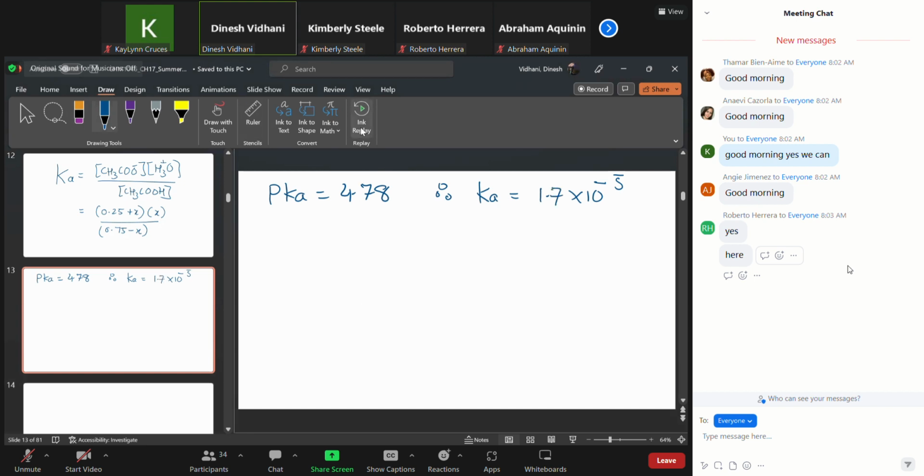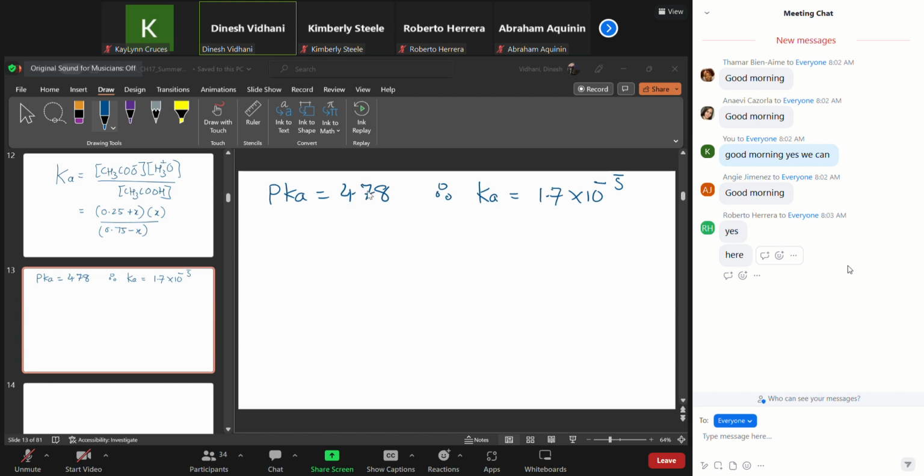Now you need to solve this one. Since I've been doing this for the last 30 years, I know the value. I can simply look at it: 4.78 is roughly 5, so I'm looking at negative exponent 5.